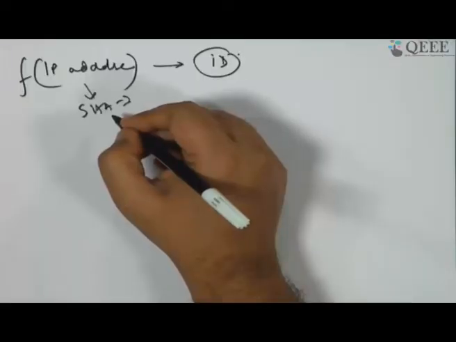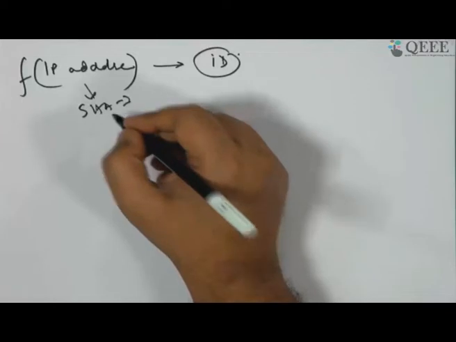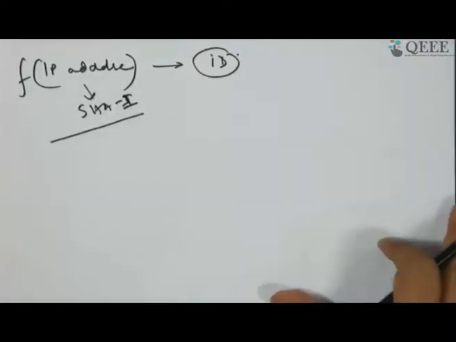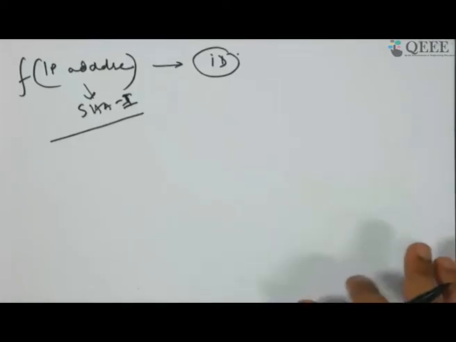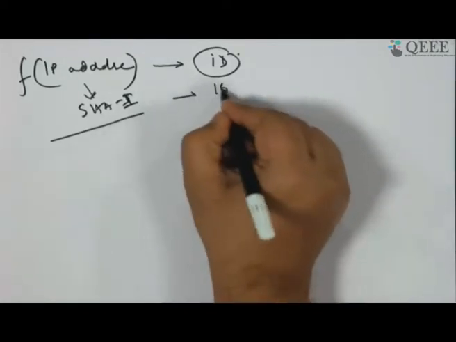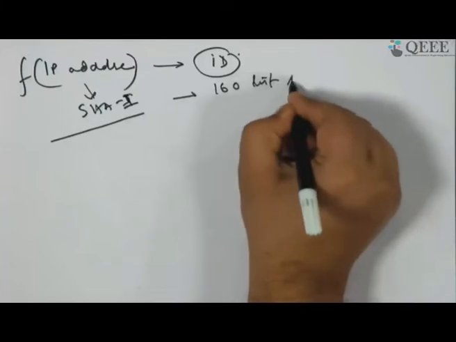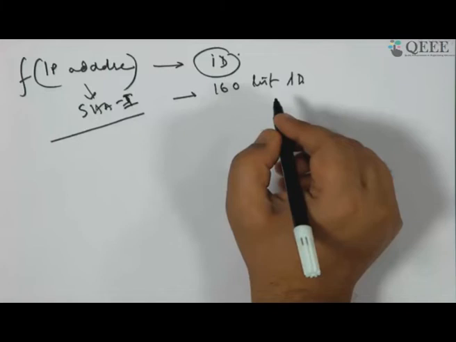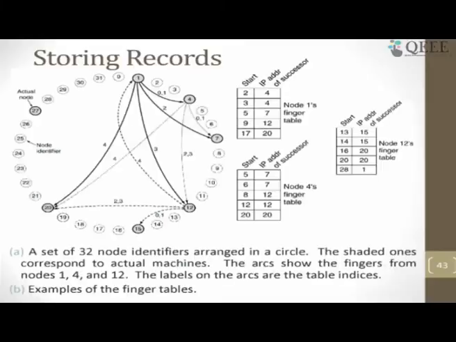You have an IP address and you use SHA1, and it's a 160-bit ID you get. So this is how technically every IP produces an ID.